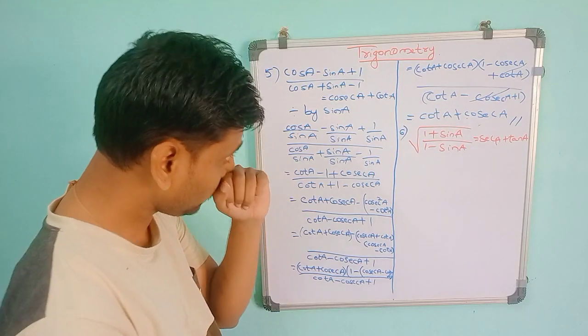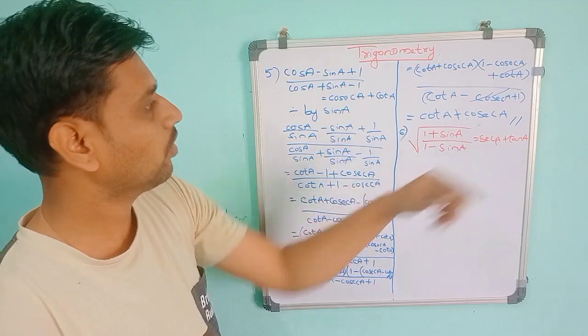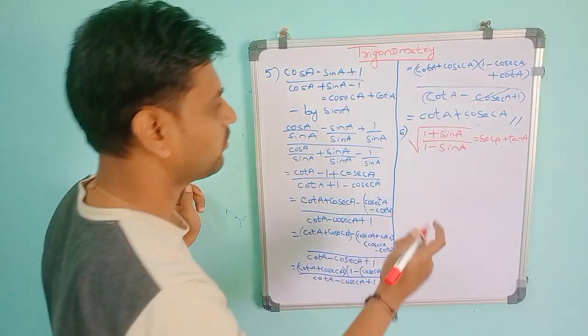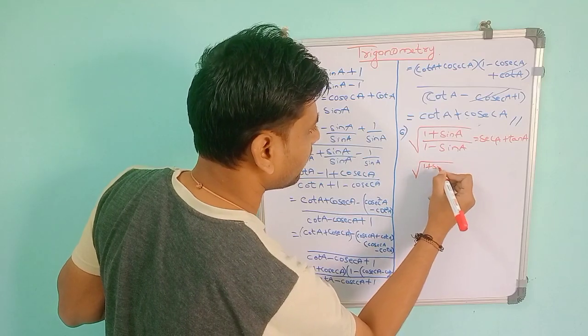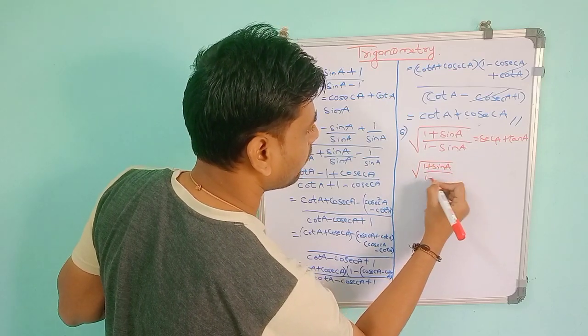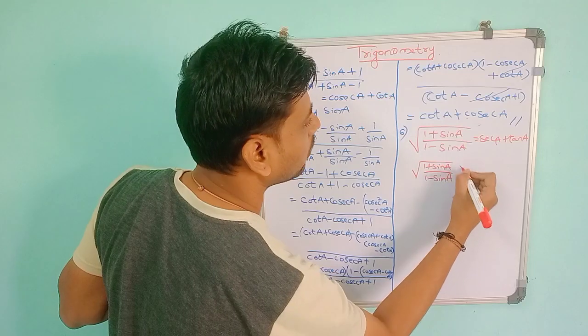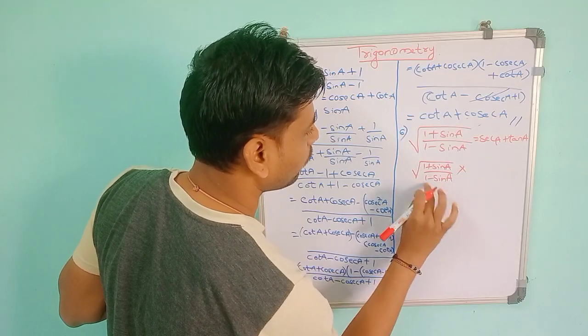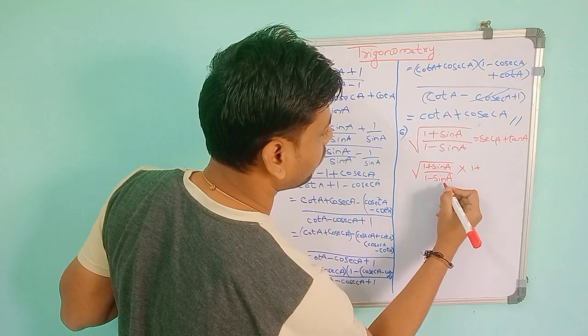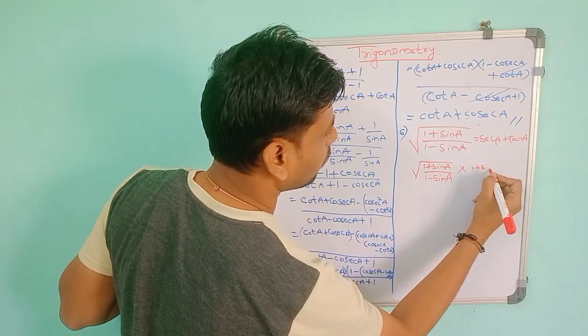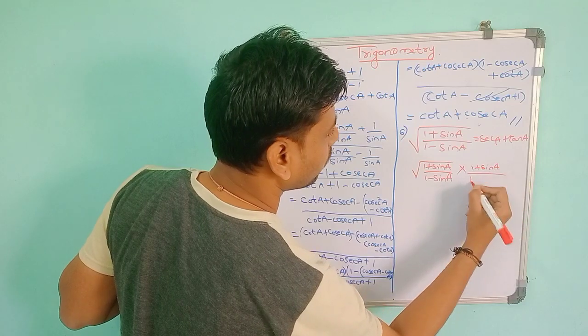So we want it in terms of sec A and tan A. When they give it in a root, the first step is to rationalize it. Rationalize means: root of 1 plus sin A divided by root of 1 minus sin A, into the same, with 1 plus sin A to multiply. Because the negative sign is there, it is converted into plus.